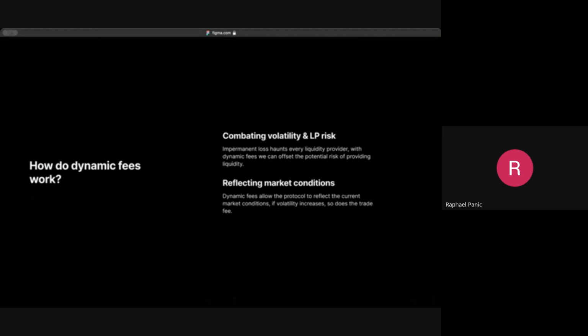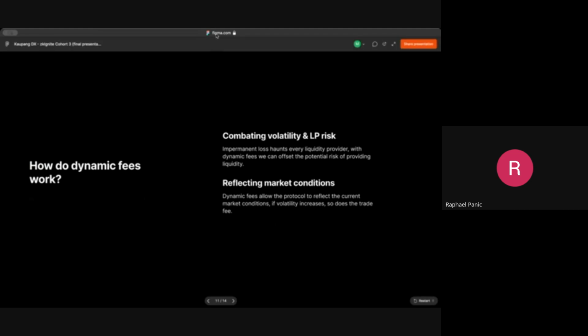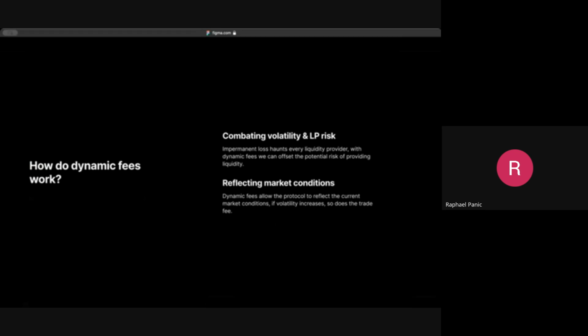So in cases where the price of any pool goes up or down very rapidly, we can say, hey, instead of 2% fees for your trade, the fee is going to be 4% because you will move the price additionally, and the price volatility is so high currently. That way we can reimburse the liquidity providers for their impermanent loss.